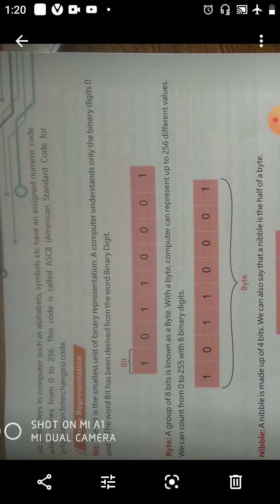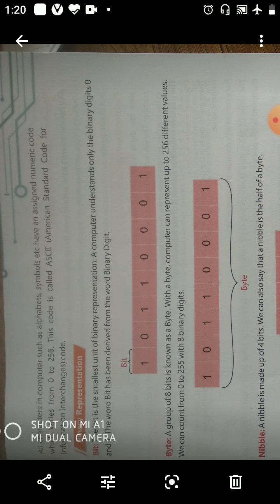Similarly, for certain alphabets, computer uses the values from 0 to 256 to represent those characters. Who decides these 0 to 256 numbers? This is a standard format of numbering called ASCII code, American Standard Code for Information Interchange. This standardized code is used by computer to represent certain alphabets and symbols.